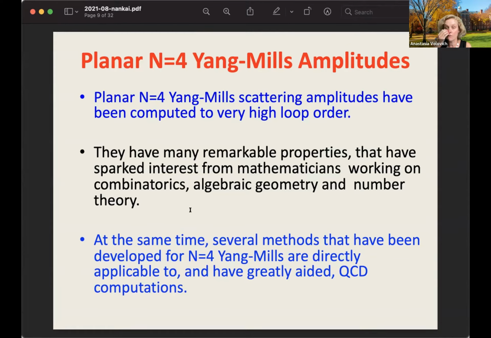So this is a very interesting area. And at the same time, the methods that we've developed for N=4 Yang-Mills theory have actually been applied to real-world QCD computations. Are there any questions about anything? Any program in general? No? Okay.